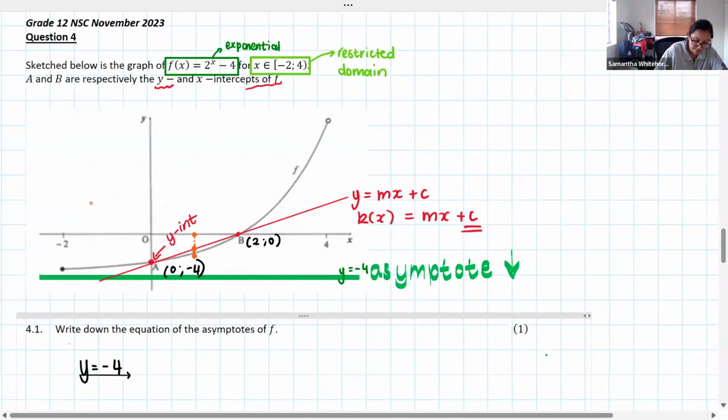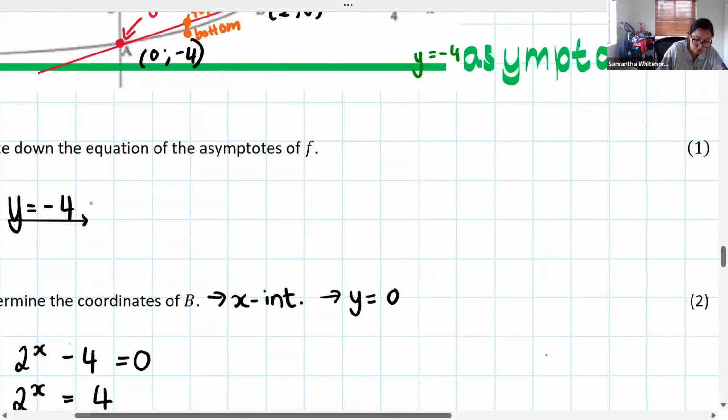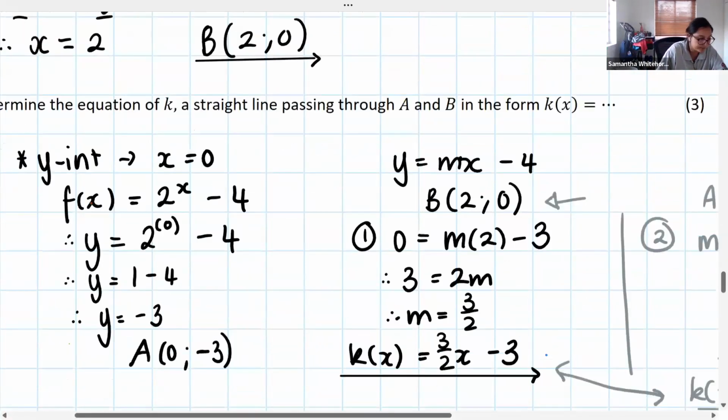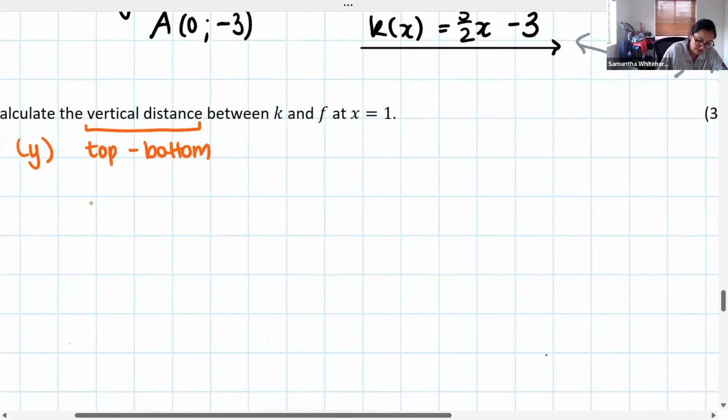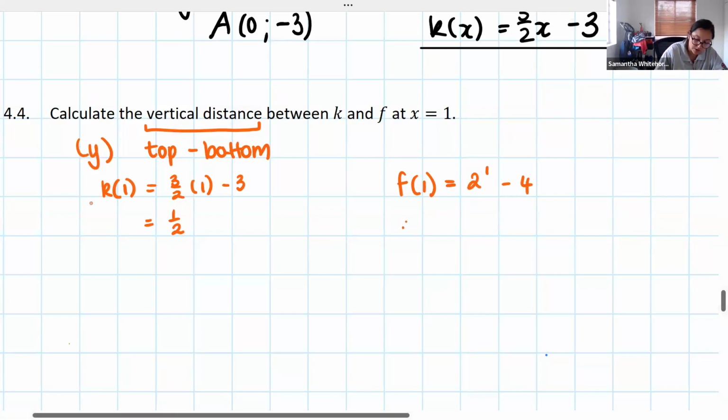Now, we have an equation for both k and f. So we want to work out the value of y at x equals 1 for k. So 3 over 2 times 1 minus 3, which gives us negative a half. And we want to do the same thing for f of x. So f of 1 would be 2 to the power 1 minus 4, which gives me negative 2.